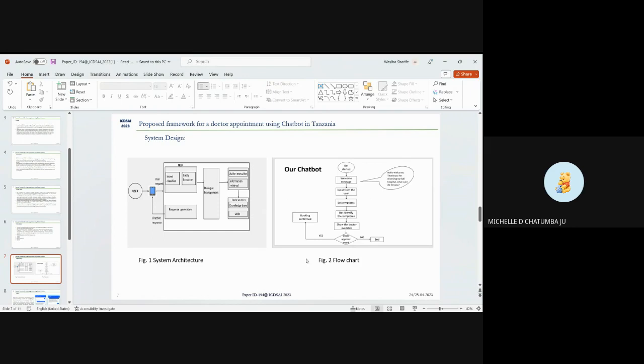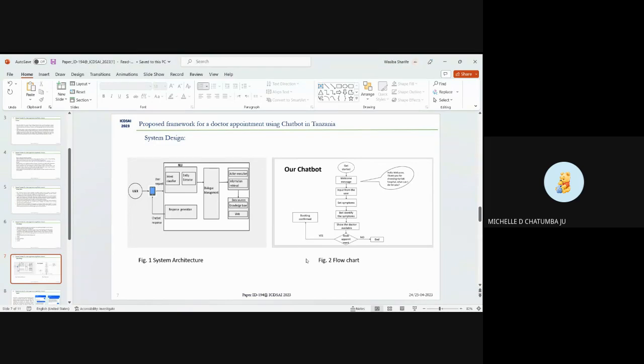So this is our system design. We have the system architecture and the flow chart. Here, as we can see, we have the user, NLU, which is natural language understanding, dialogue and action execution, information retrieval, and others. It starts with the user, who interacts with the chatbot.